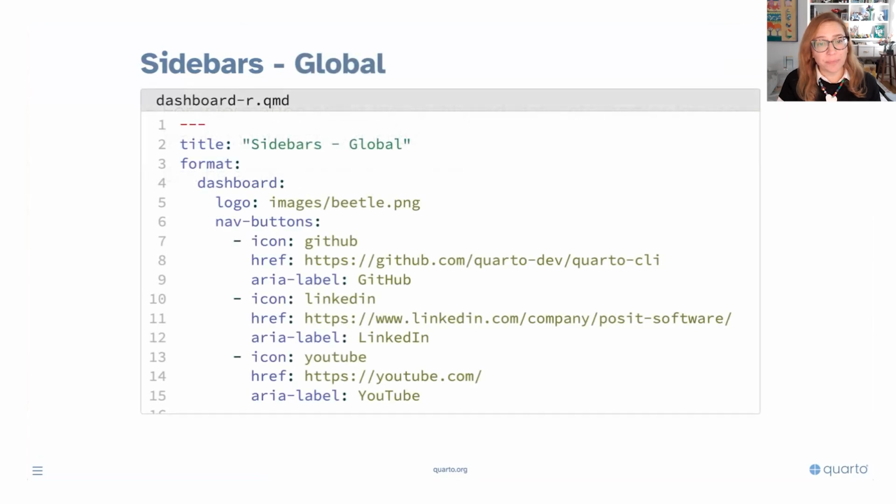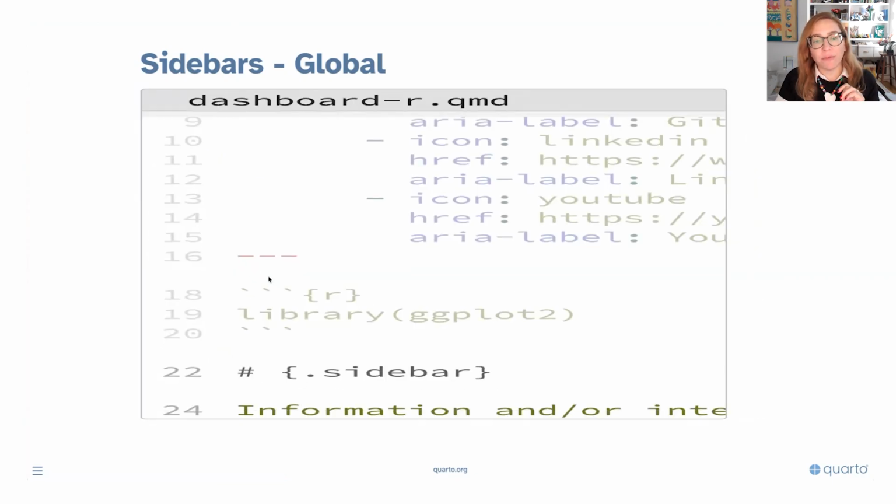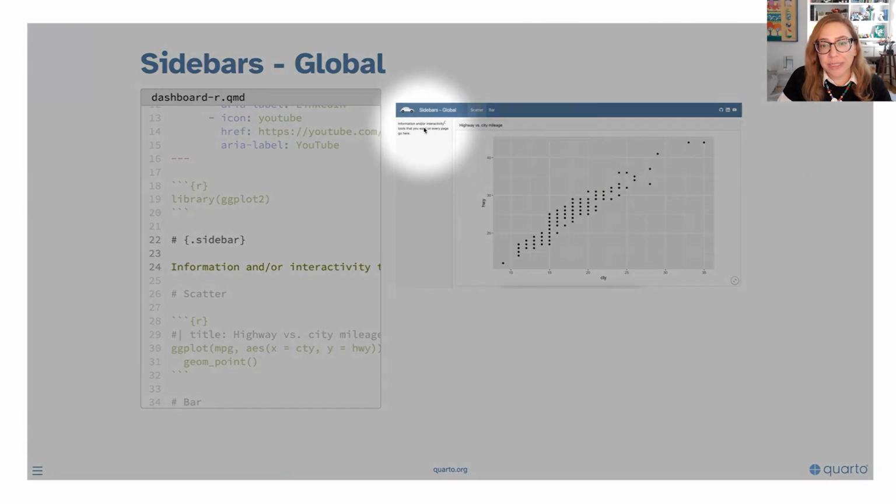To have a global sidebar, we define it just like we would define a page, so with a first level header, but we are denoting the class to be sidebar in curly braces with dot sidebar. And then I have some text here that's going to be reflected in the sidebar of my dashboard, as we can see here.